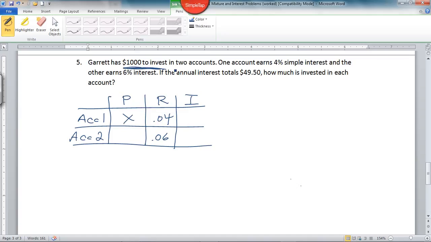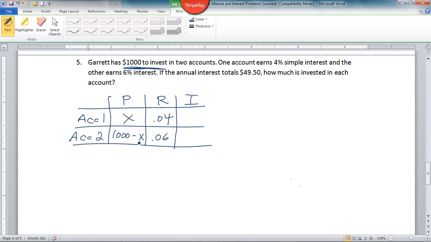So what that means is the 2 principals have to amount to 1,000. Well, let's say I had 400 in account 1. I've got then 600 in account 2, or 1,000 minus the 400. If it's $100 in account 1, I have 1,000 minus 100, 900 here. So whatever this amount is in account 1, account 2 is 1,000 minus that amount. So we could write that expression as 1,000 minus x. That's account 2's principal.